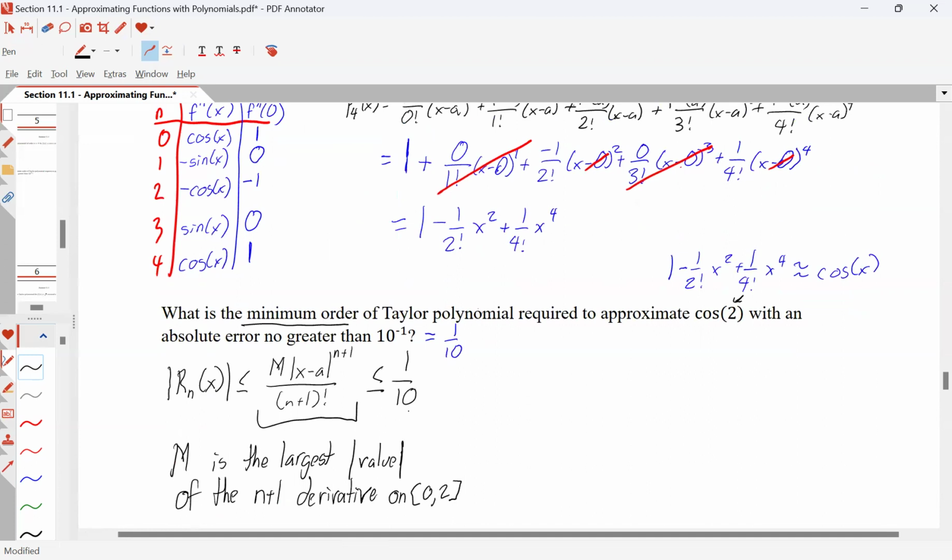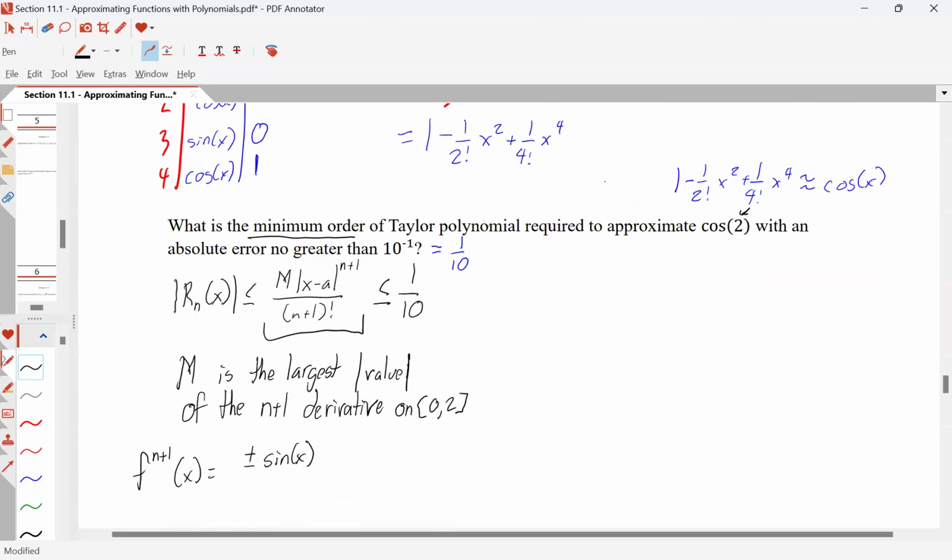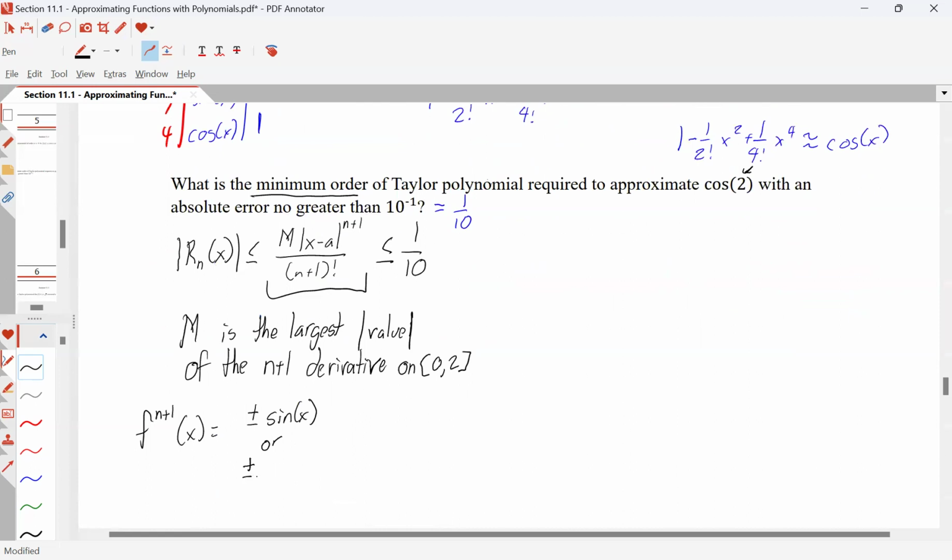If we're looking at the third derivative of cosine, it's sine. Or the n plus 1 derivative is plus or minus cosine, because the derivatives of cosine cycle through these plus or minus sines and cosines. So we want to see, is there a value that sine and cosine are never bigger than on 0 to 2? And yes.